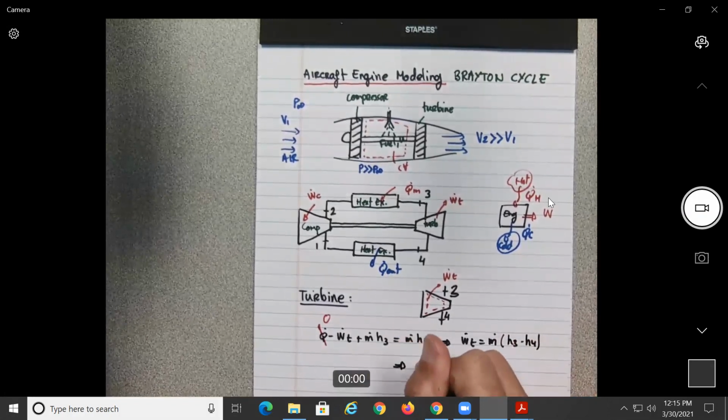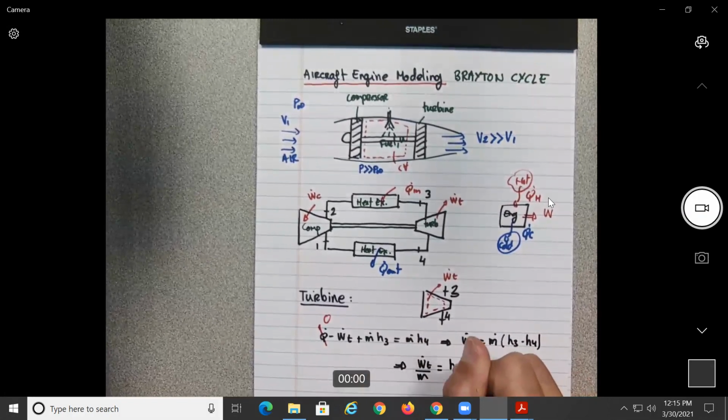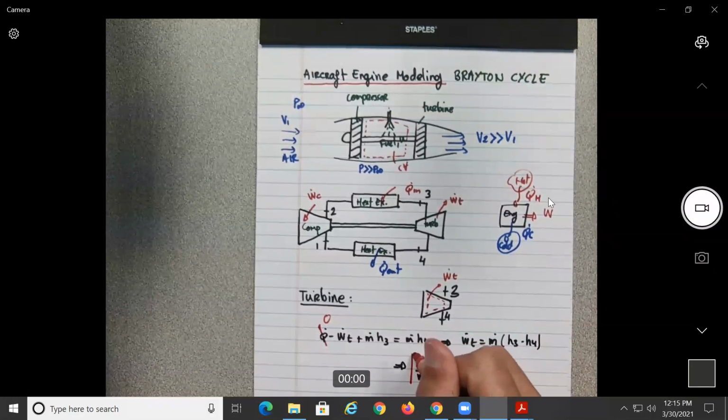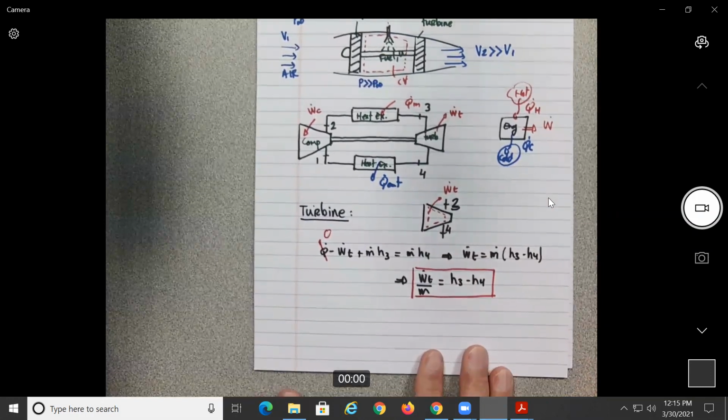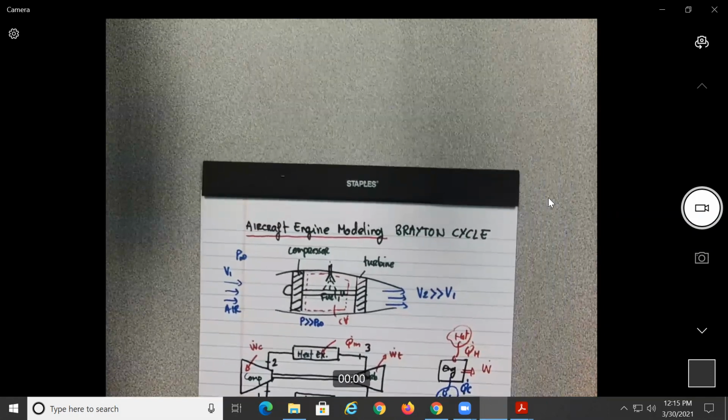Or let's just write this as power per unit mass equal to h3 minus h4, okay? We're going to do something similar for the compressor.